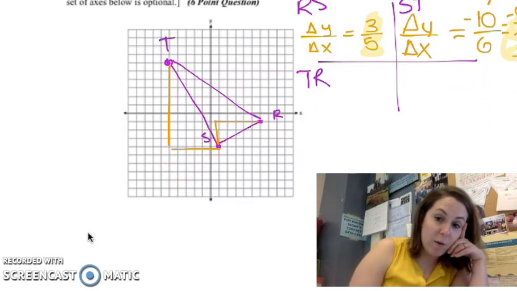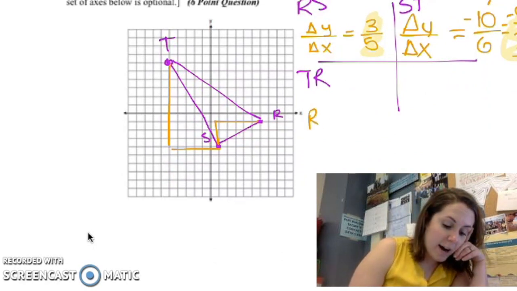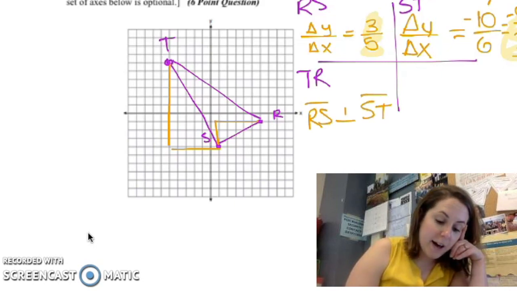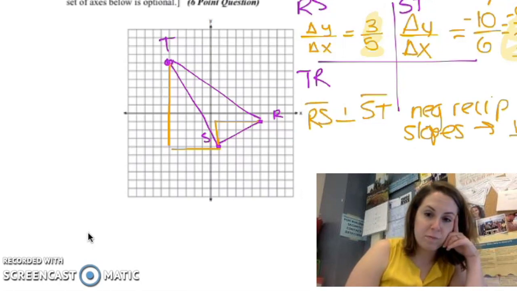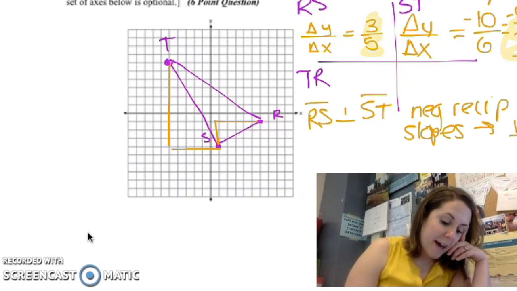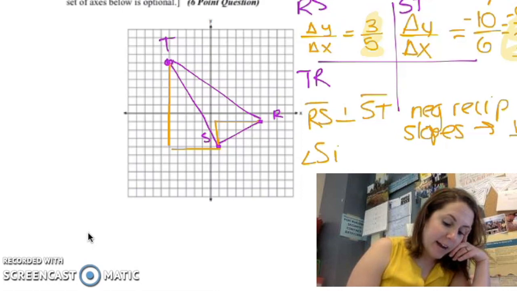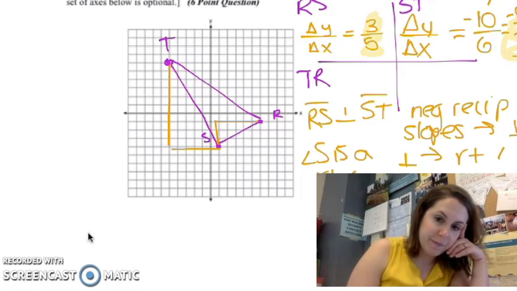So what I would say now is that I know RS is perpendicular to ST because negative reciprocal slopes imply perpendicular. And that means that angle S is a right angle because perpendicular implies right angle.